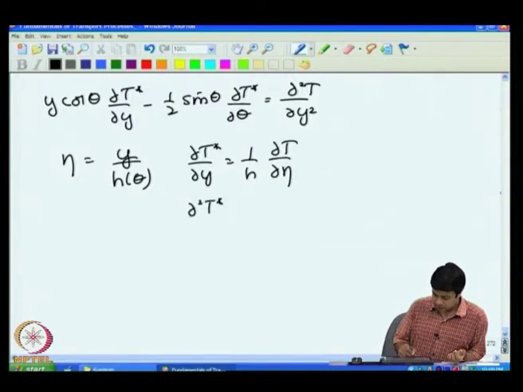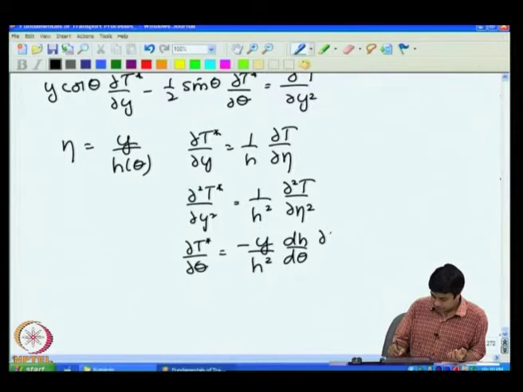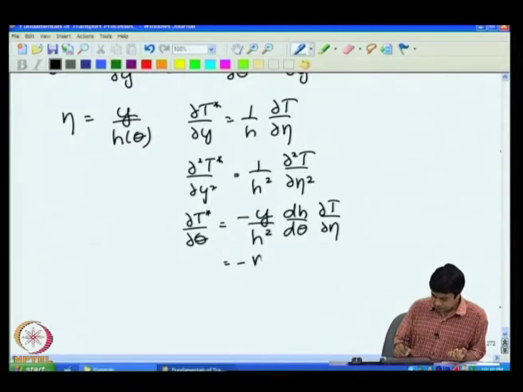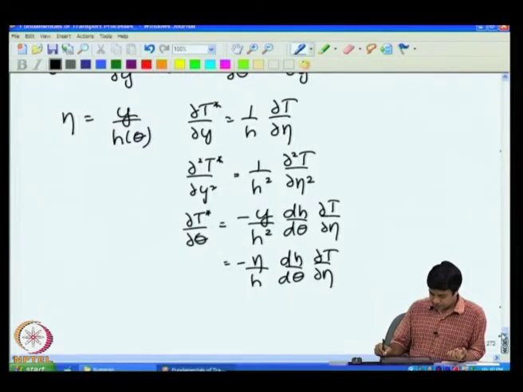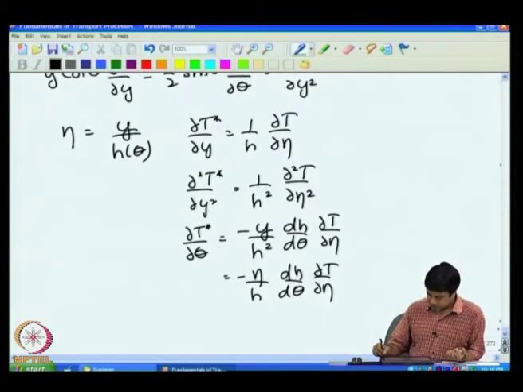Partial square t by partial y square is equal to 1 by h square partial square t by partial eta square, and partial t by partial theta is equal to minus y by h square dh by d theta partial t by partial eta is equal to minus eta by h dh by d theta partial t by partial eta. So, we substitute this into the equation.